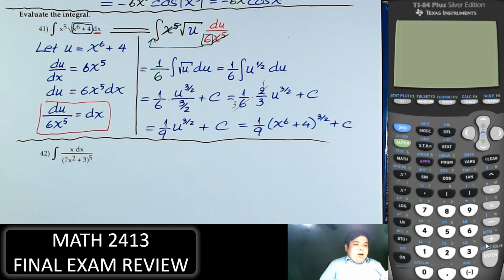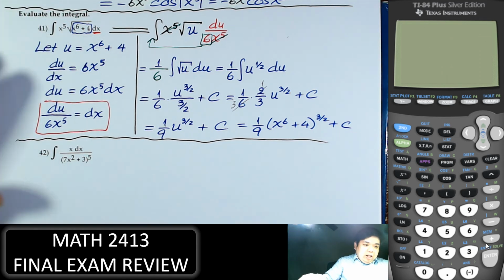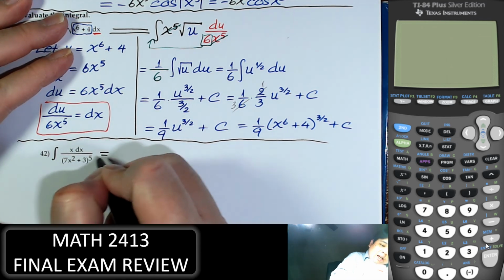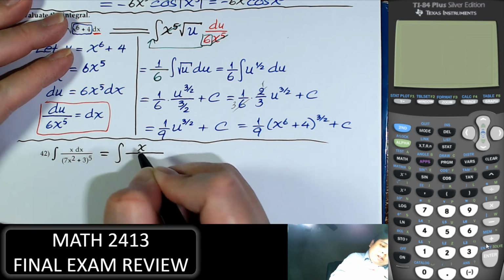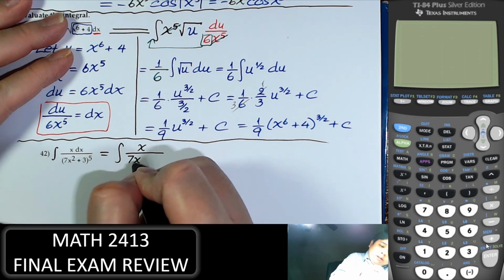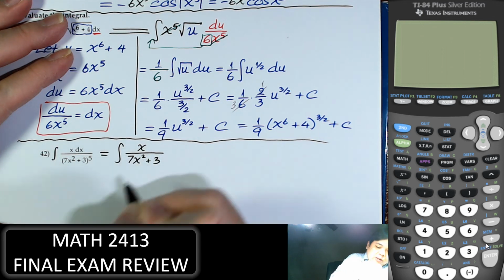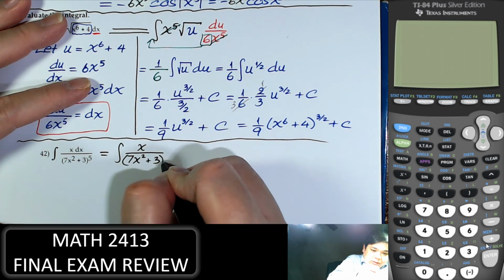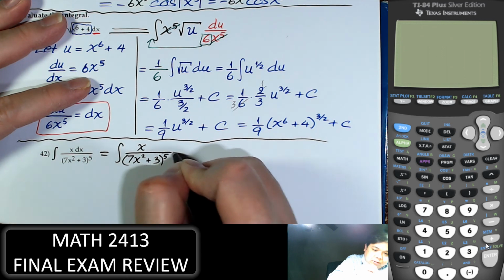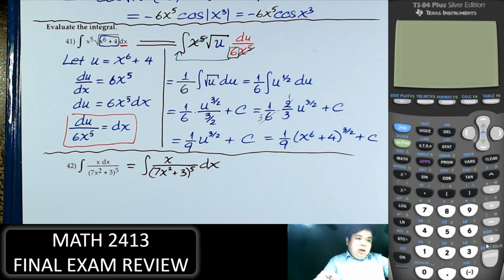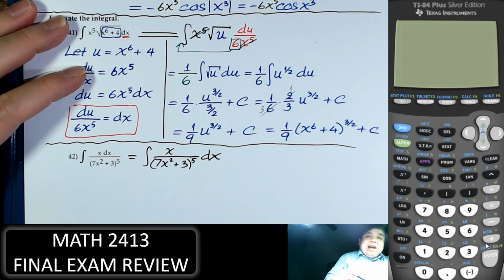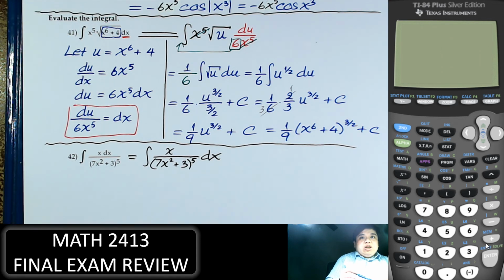Next, on this one, I will rewrite this, put the dx on the back. We're better that way. Right. Now substitution. The usual suspect.